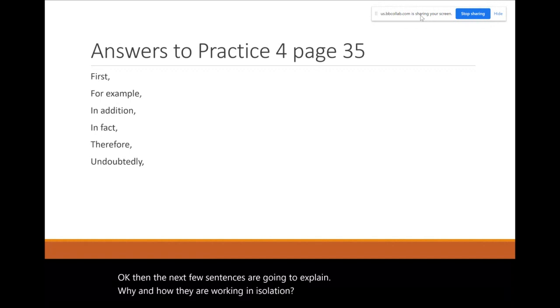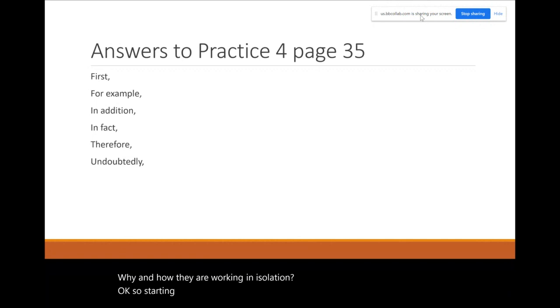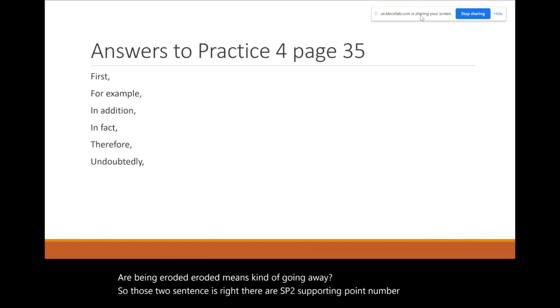So starting with "in addition" and going all the way to the word "eroded." Do you see "eroded"? It says, in fact, good verbal communication skills are being eroded. Eroded means kind of going away. So those two sentences right there are SP2, supporting point number 2. They're both about the same idea.